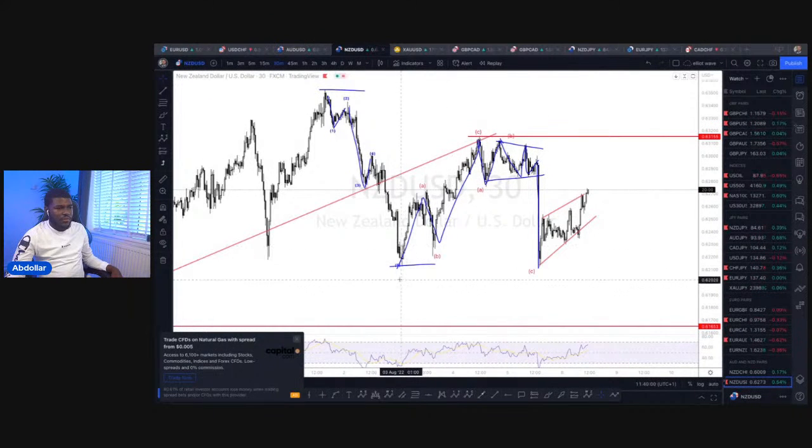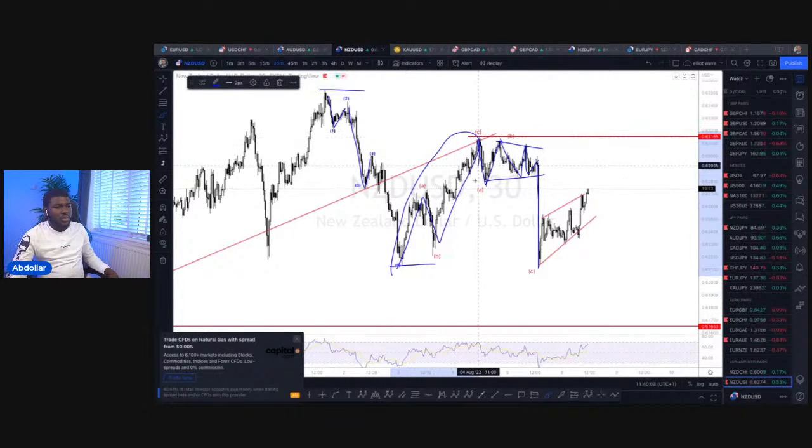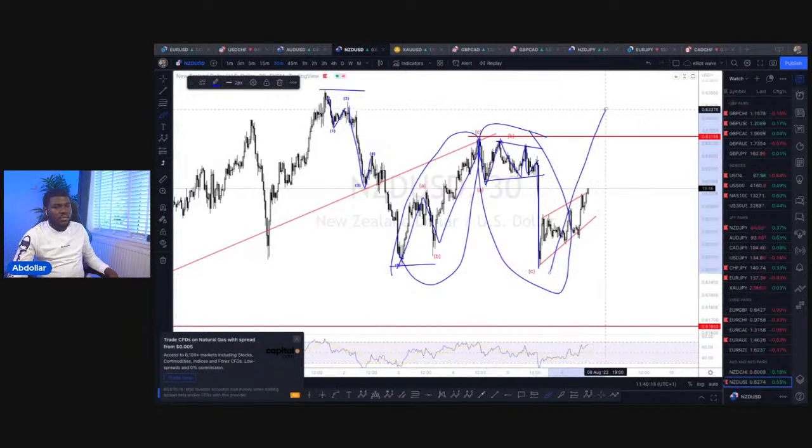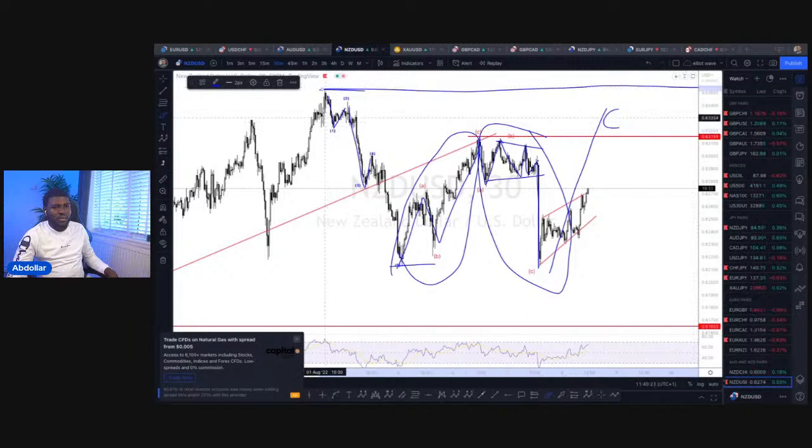So we have 2 3s that have occurred already. This is the first 3, label it as our wave A, and we have another 3 here labeled as our wave B. Then there should be an impulse to the upside that will be our wave C. So far, and hopefully it's not going to break above the former high of around 0.63500 price level.